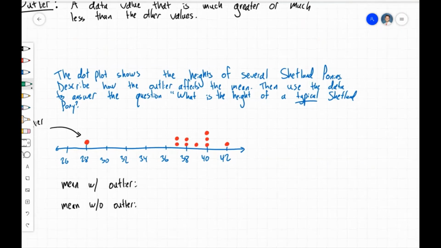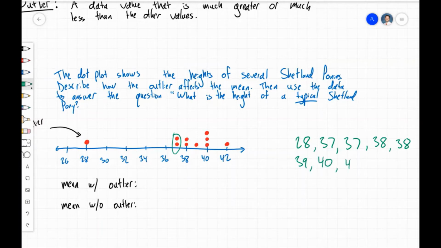So here, this dot plot tells us we have one value at 28. We have 2 here at 37, so 2 ponies are 37 inches tall. 2 at 38, 1 at 39, 3 at 40, and 1 at 42.